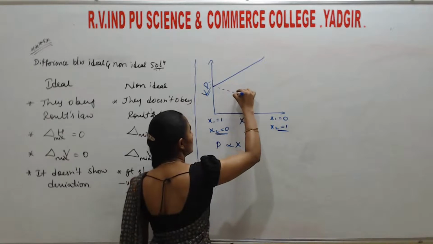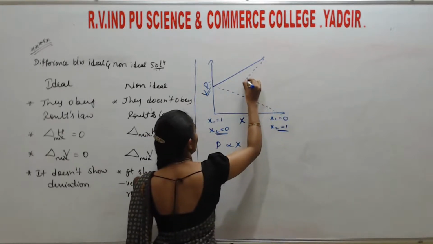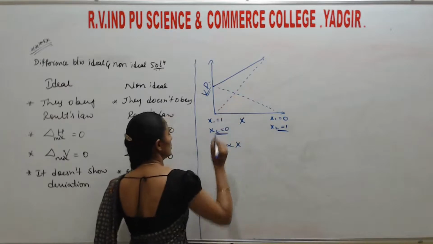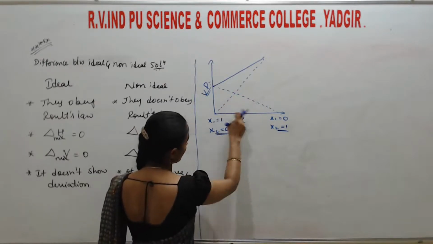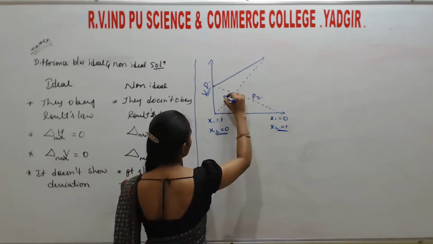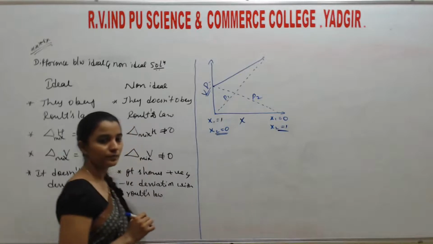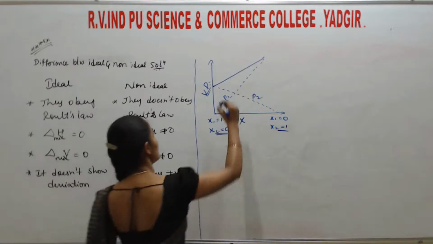So this is 1, this is 2. Listen, the decreasing value is P2. This is P1. Increases is P2. This one is P1.